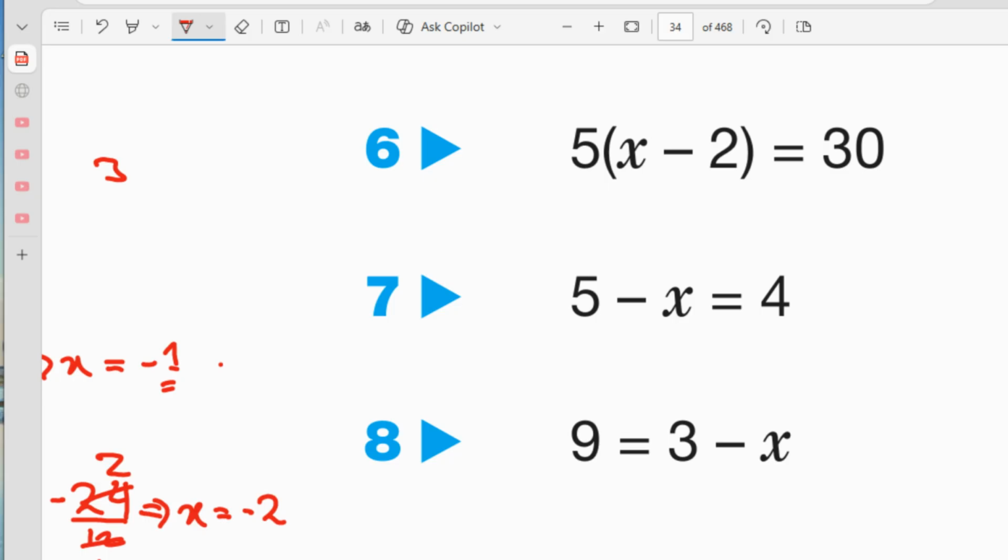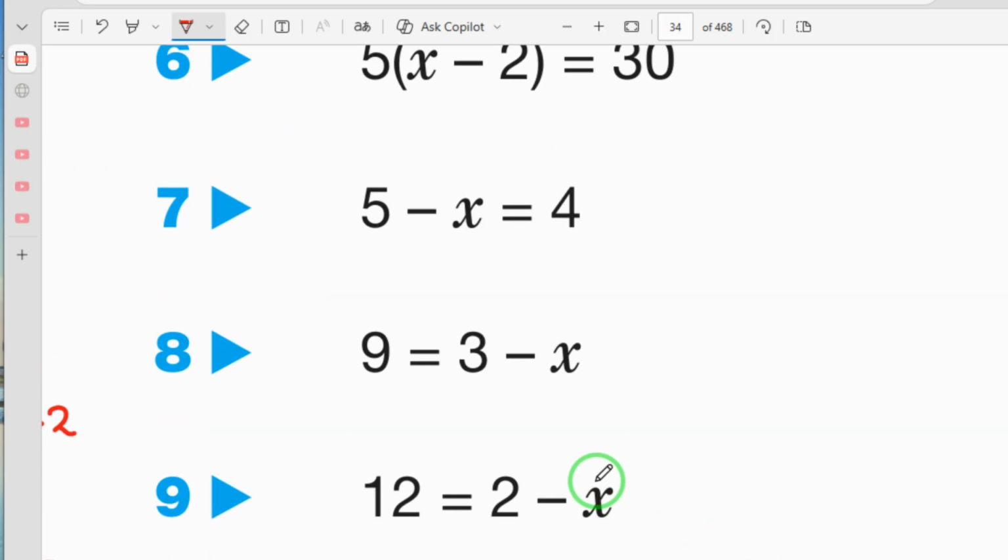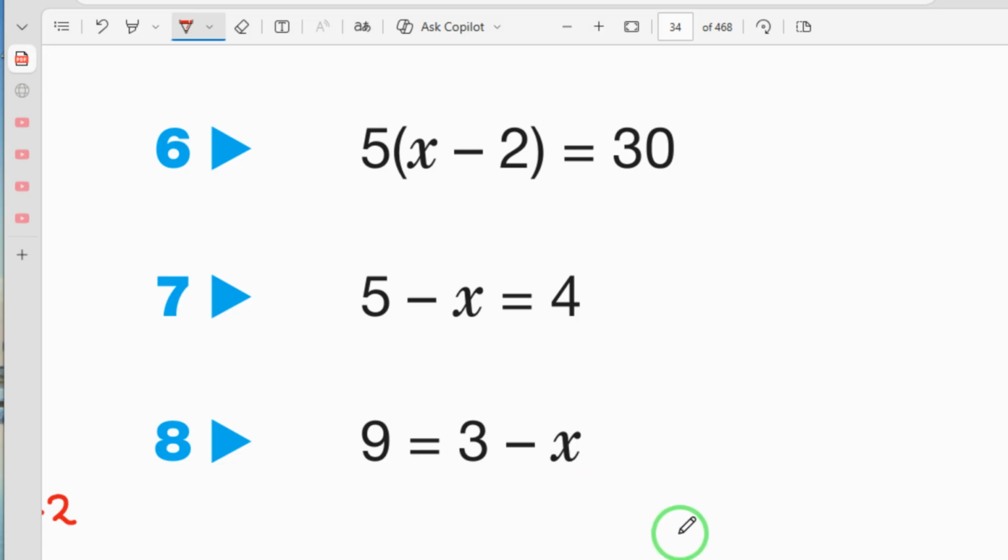Question number 6. Here as well, first we can divide both sides of the equation by 5.